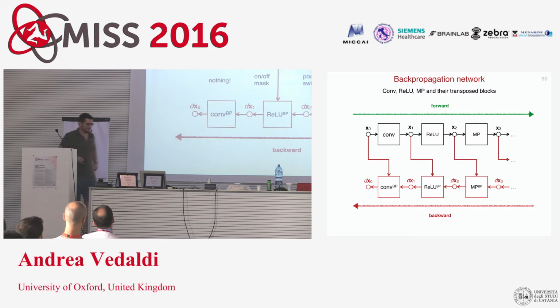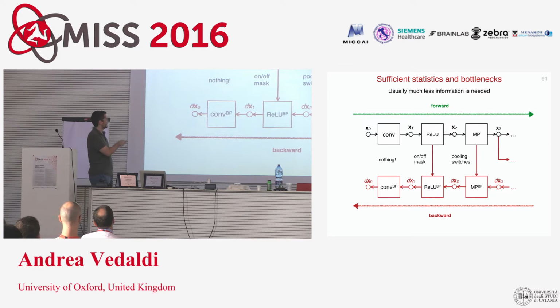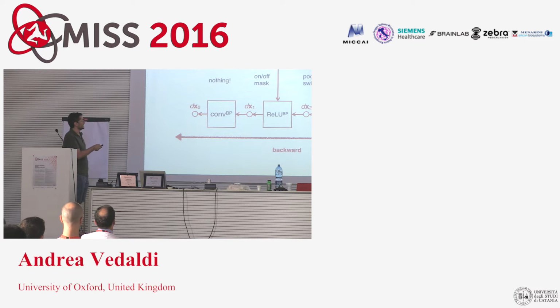Now, it turns out that depending on the layer, the amount of information you need to transfer from the top part to the bottom part changes. Convolution is linear, so the backpropagation direction does not actually depend on that, if you do the math. So there is no information to transfer here. For the ReLU, that's not the case, but instead of transferring x1, all you need to transfer is a mask that tells you which elements of x1 were positive and which were negative. We call this the on-off or sign mask. And for max pooling, you don't need to transfer the whole of x2.